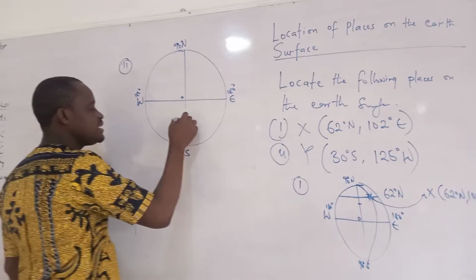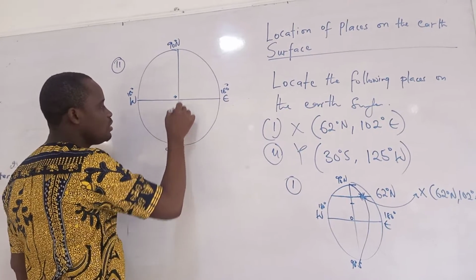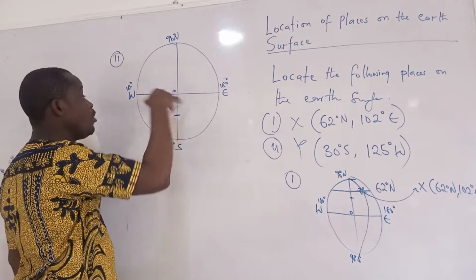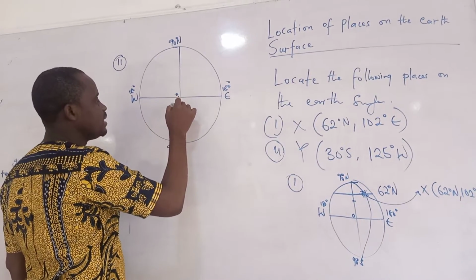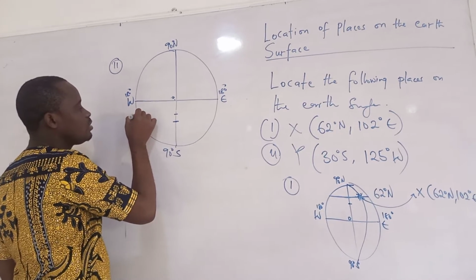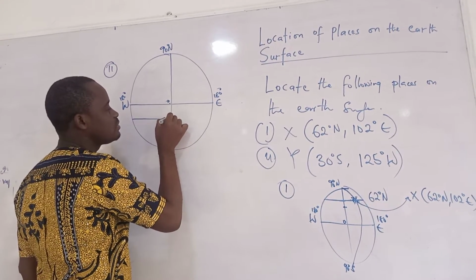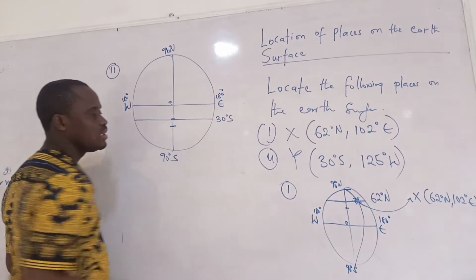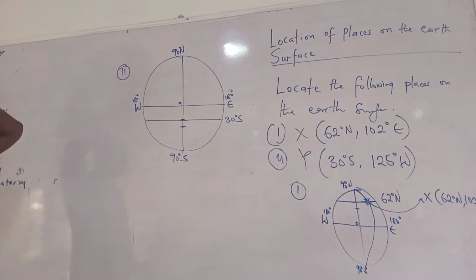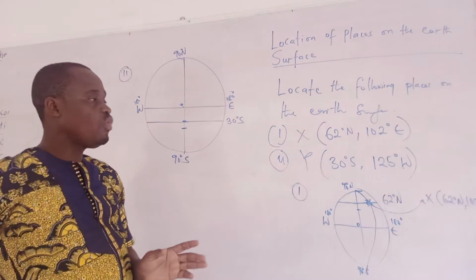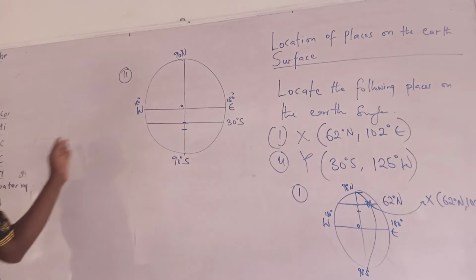Half of this is 45, so 30 degrees south should be above it, because it is 0, 10, 20, 30. You can mark this as 30. Once you have 30, locate this line outside of this. So this is 30 degrees south. Now let us locate 125 degrees west. It will go in this direction.